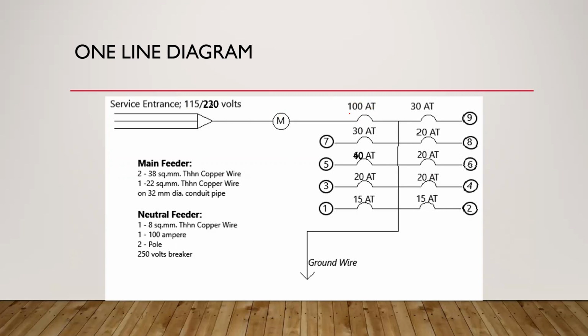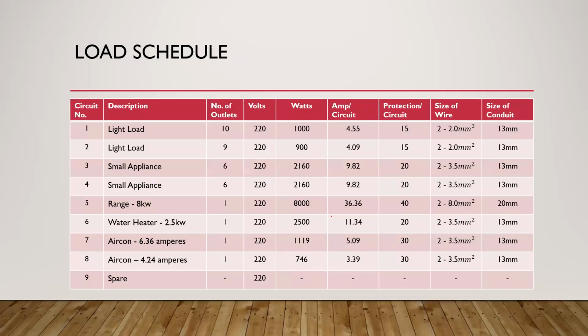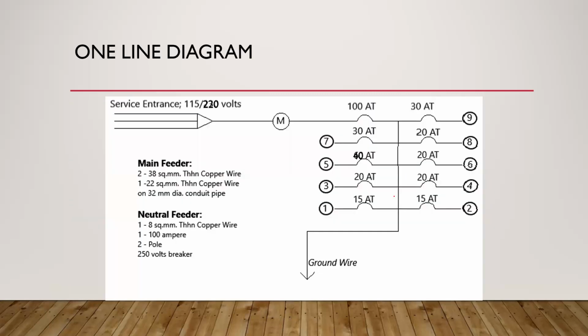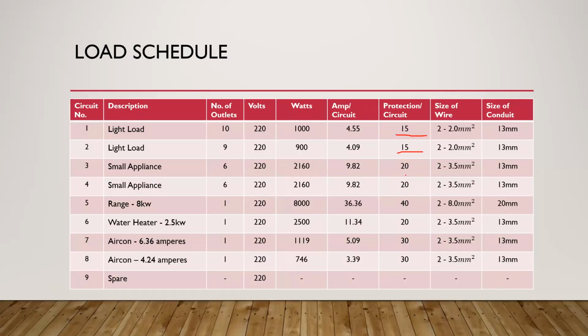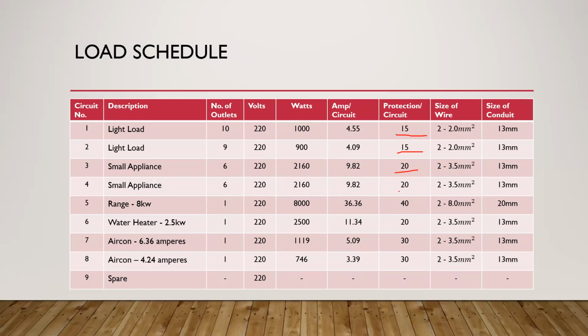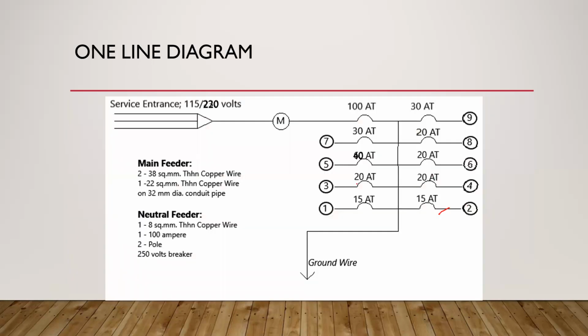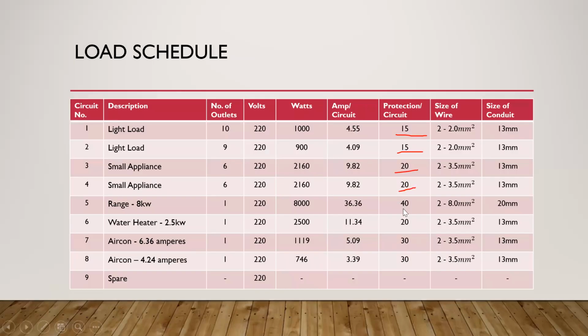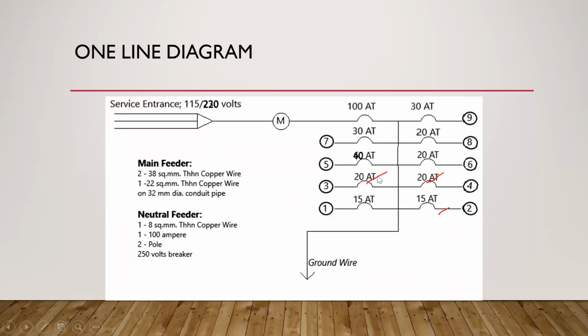So, yung ating main breaker is 100 ampere fuse. And then dun sa ating circuit number 1, 15, di ba? So, 15 ampere fuse. Circuit number 2, 15 again. Circuit number 3, 20. Circuit number 4, 20. So, 3 and 4, 20, 20. Okay. Circuit number 5 is 40.